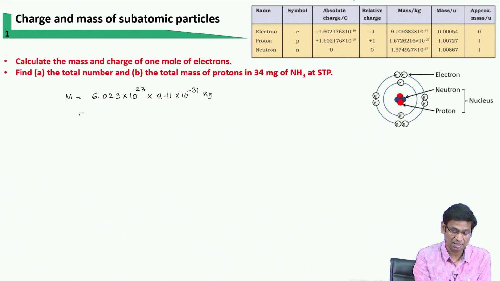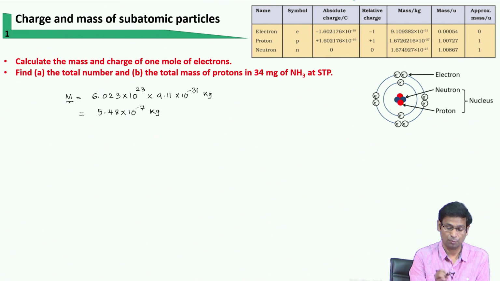So the mass of 1 mole of electrons comes out to be 5.48 × 10^-7 kilogram. Now this is the total mass of 1 mole of electrons.